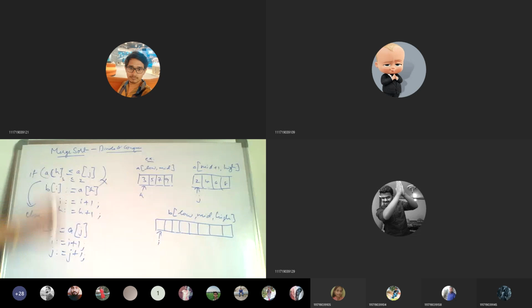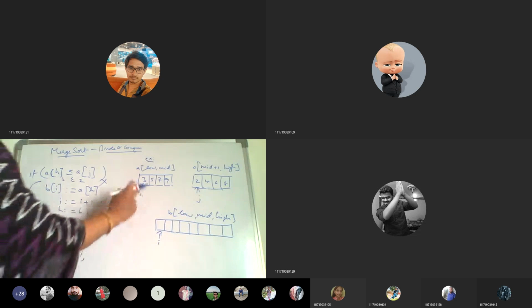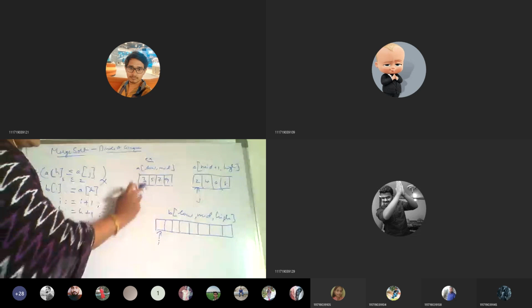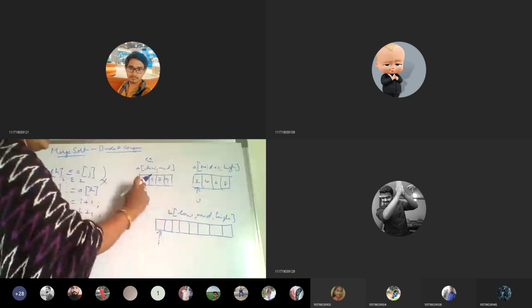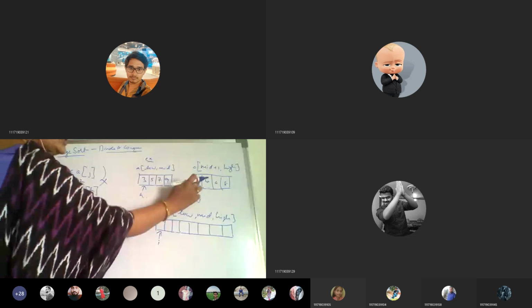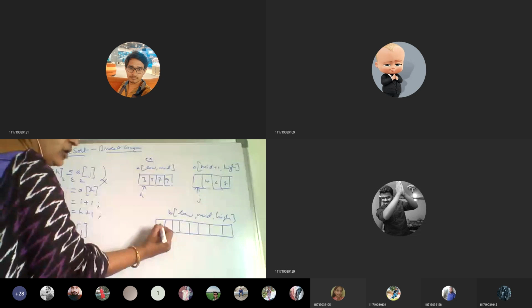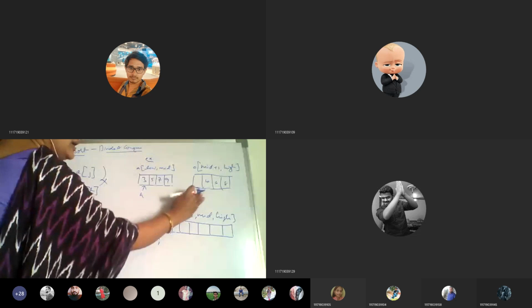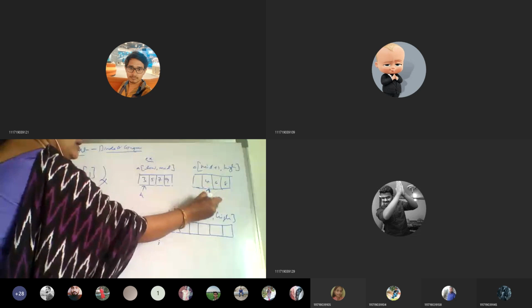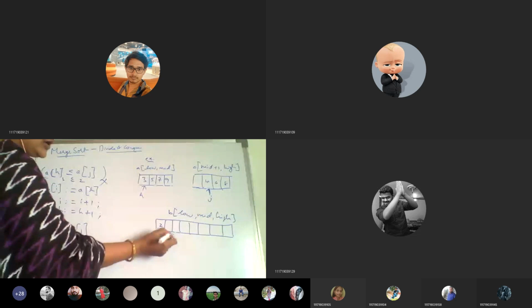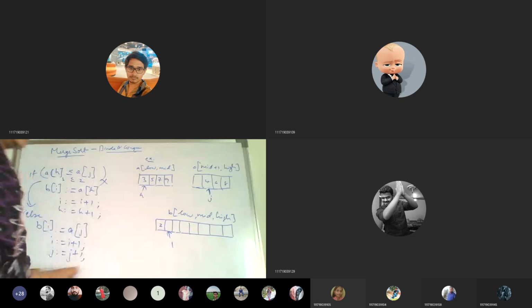So again I'll explain this code. Let's compare A of H, so 3 and 2 are compared. Among these, 2 is smaller, so 2 will be copied here, and after copying, the pointers will be incremented.